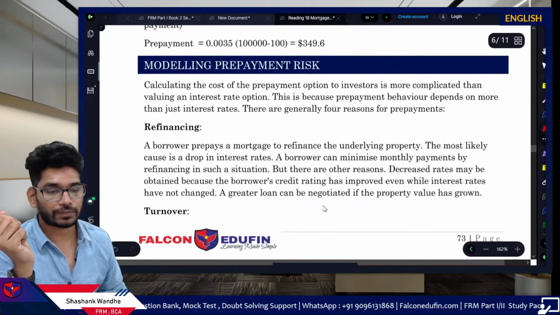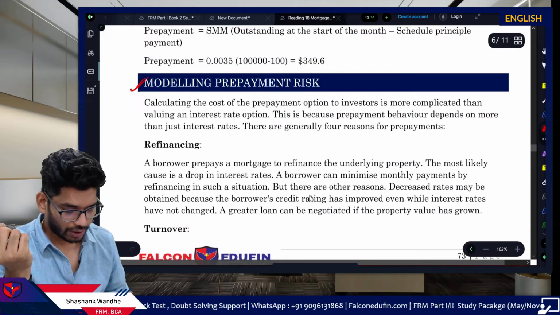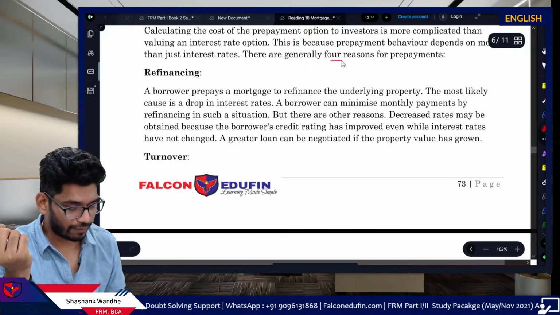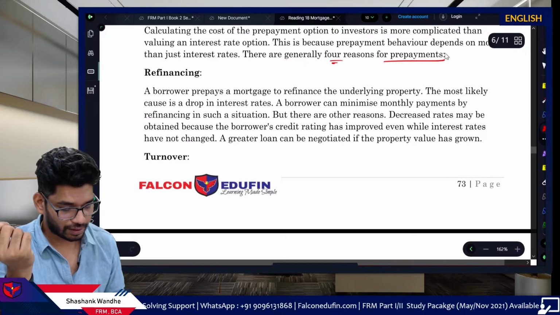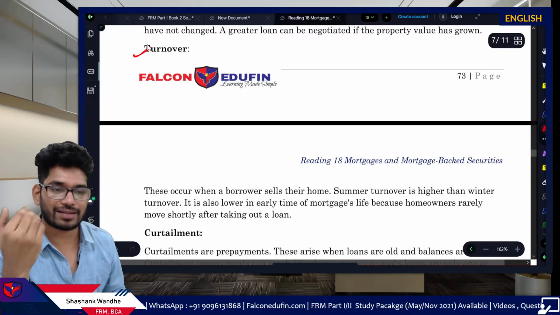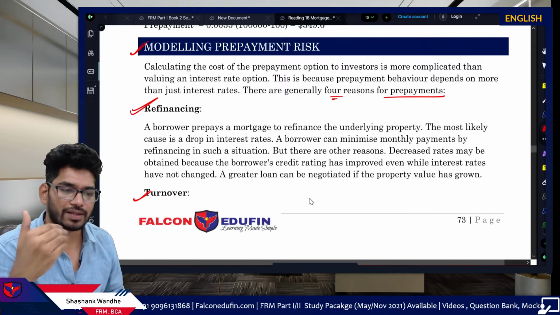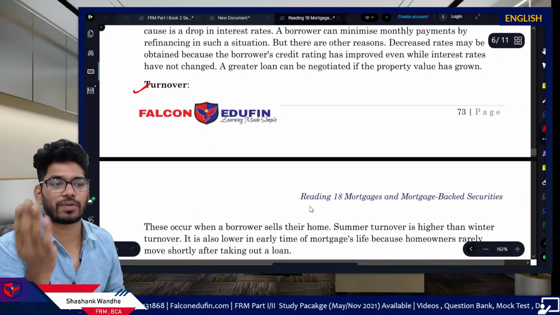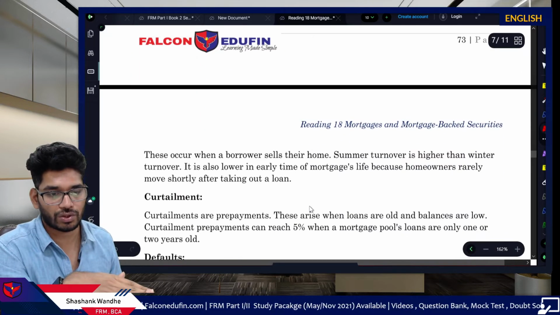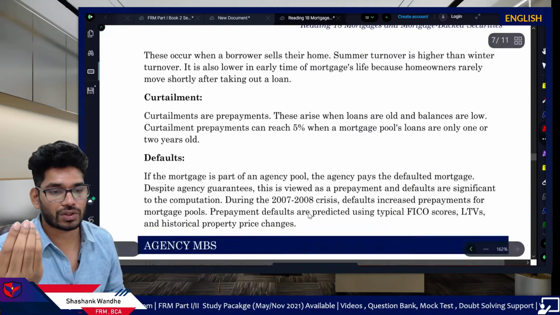Then you have modeling prepayment risk, a theoretical discussion. Generally there are 4 reasons for prepayments. Refinancing, as in the property is refinanced because market rates were lower and so on. Turnover is when the borrower sells his house.